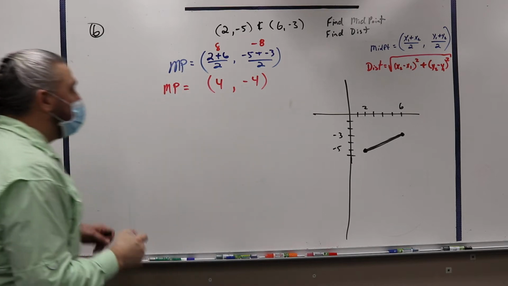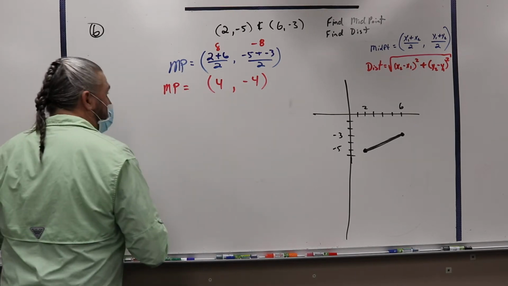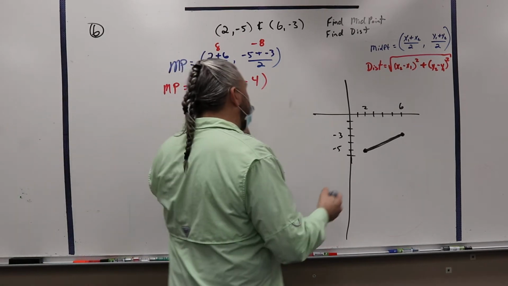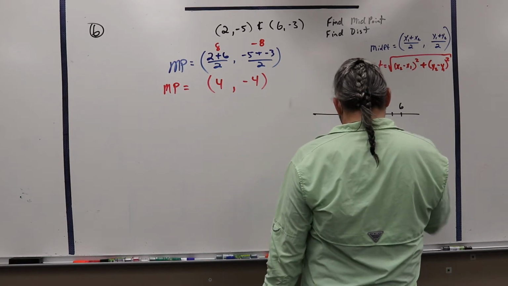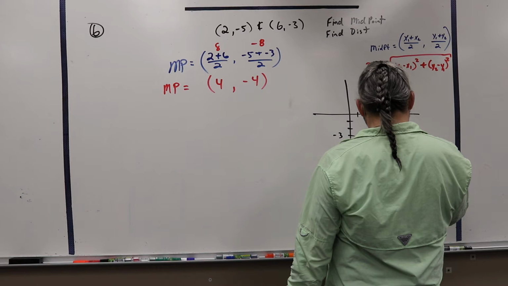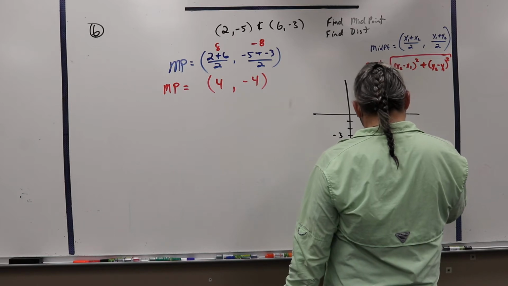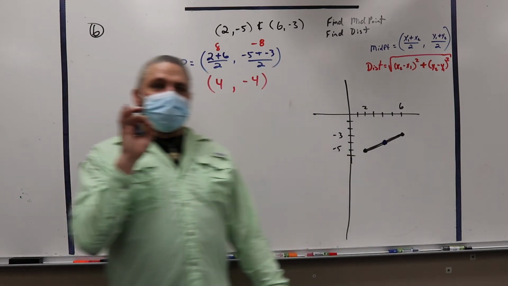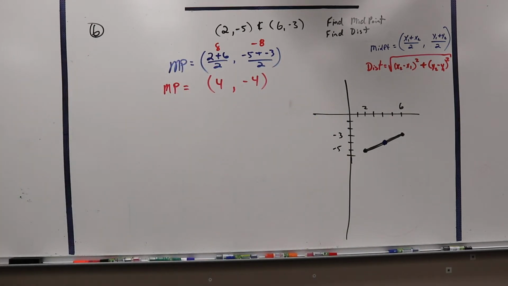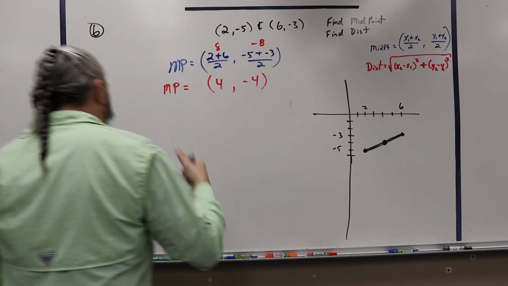Okay. And then we found our midpoint to be 4, negative 4. And if it doesn't look like a midpoint, then something's wrong, right? Does that look like a midpoint? So we're good.